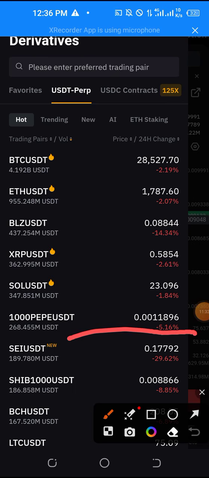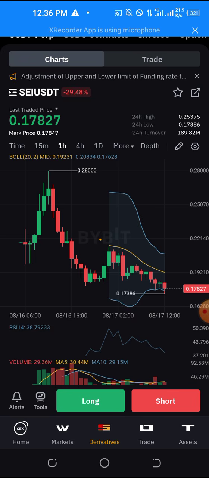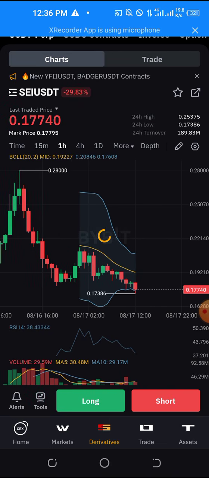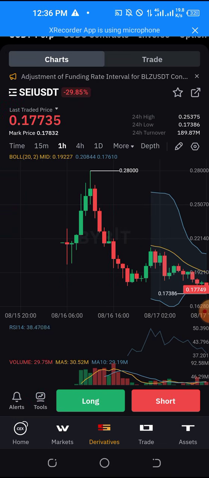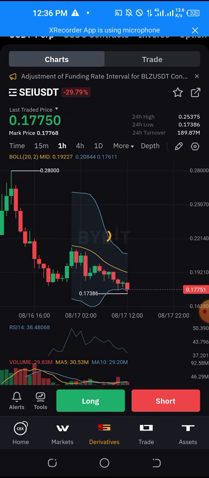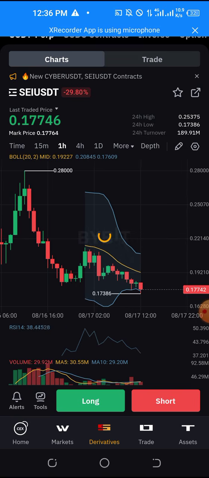Let's see this coin. I think this is newly listed. It has been going through a downtrend.